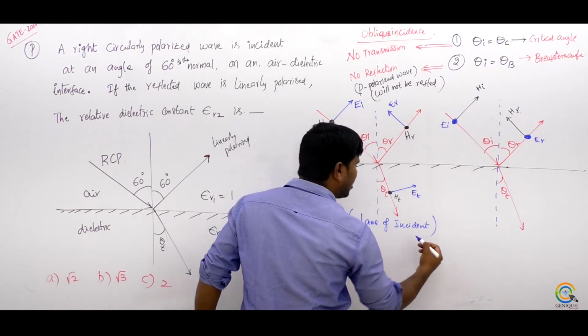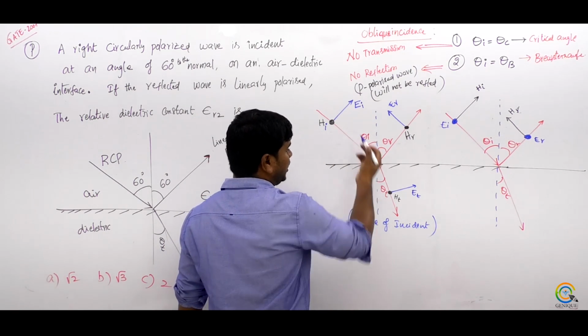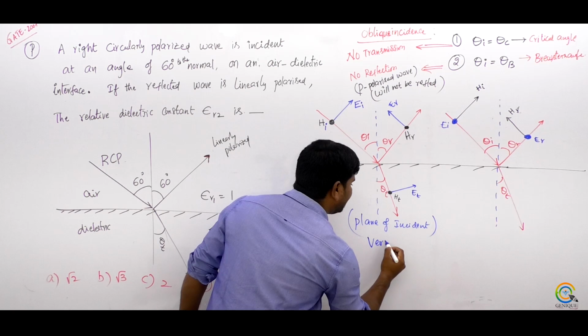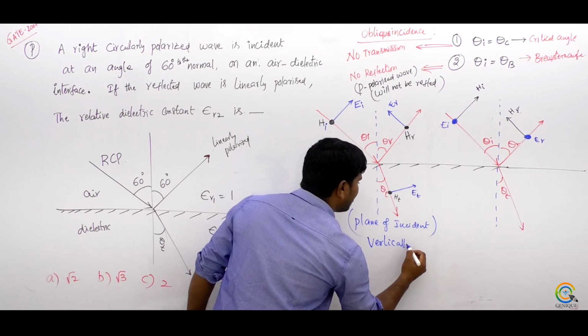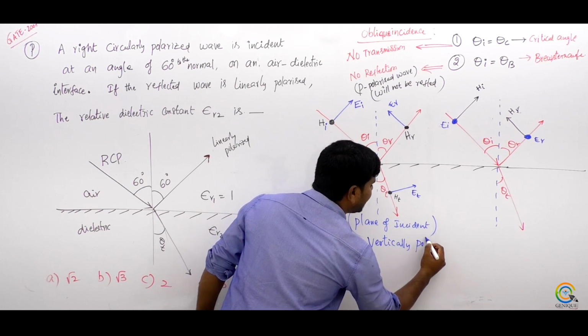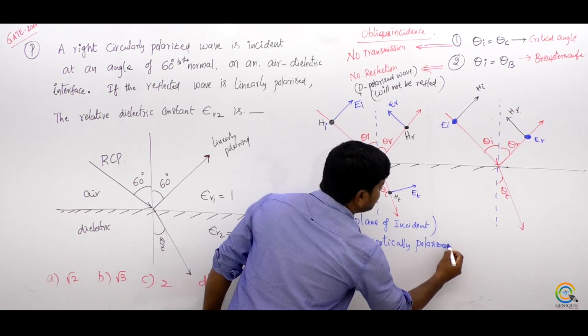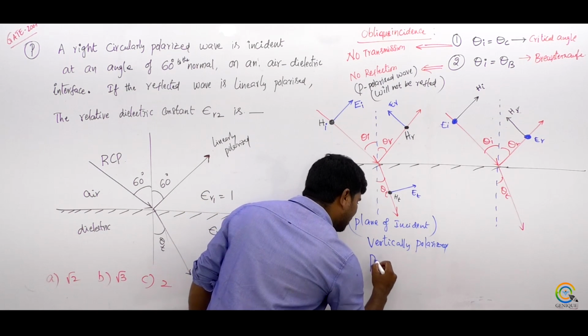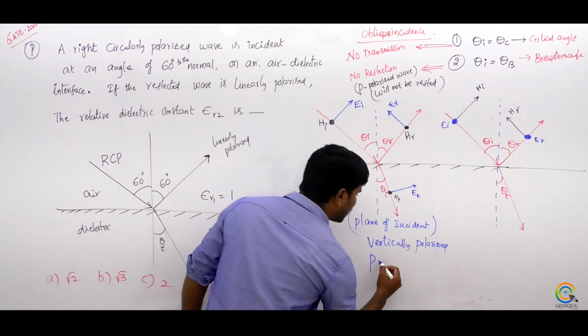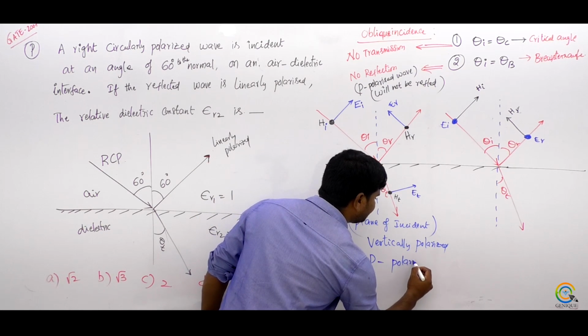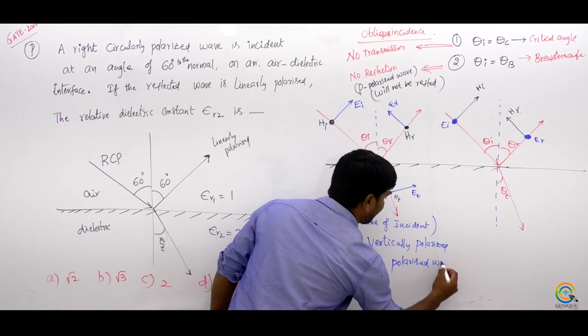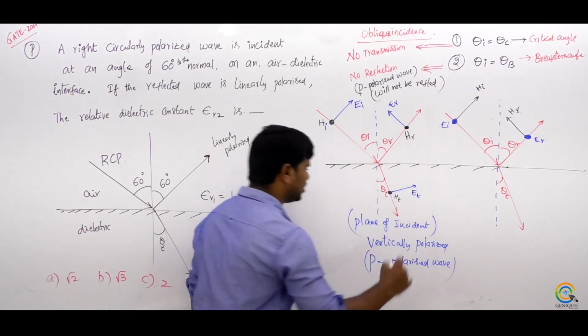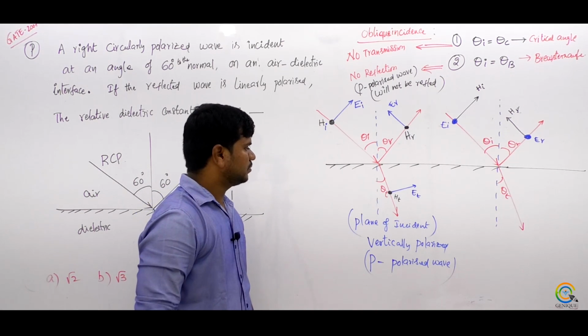It is oriented on the plane of incidence. It is also called vertically polarized, also called perpendicular polarized, or also called the p-polarized wave.